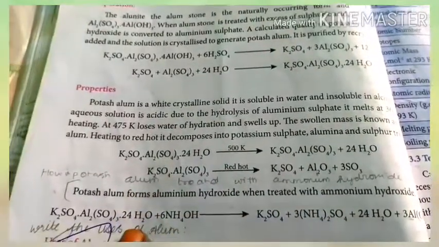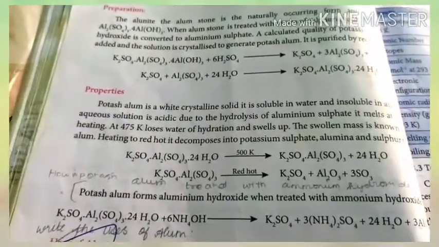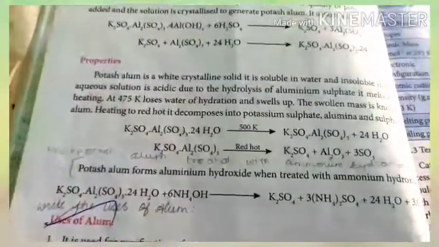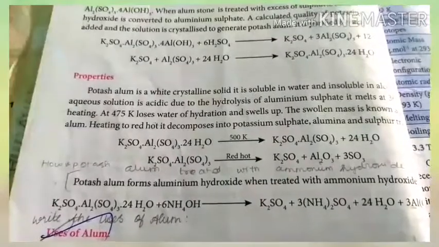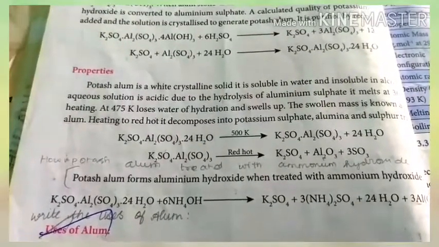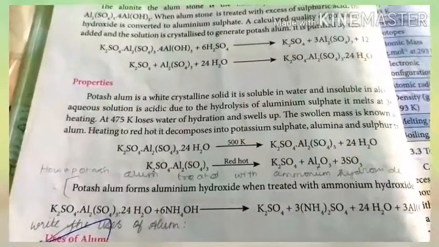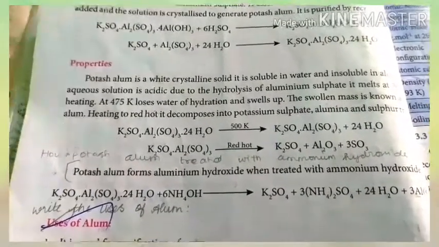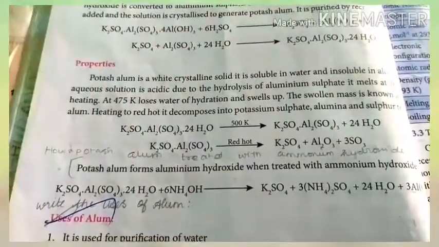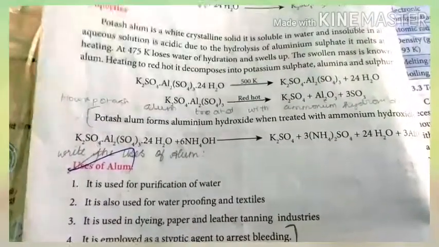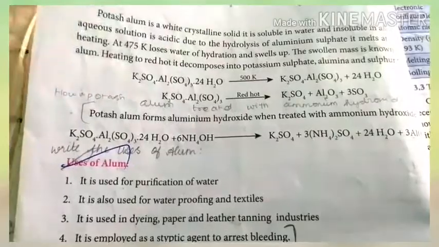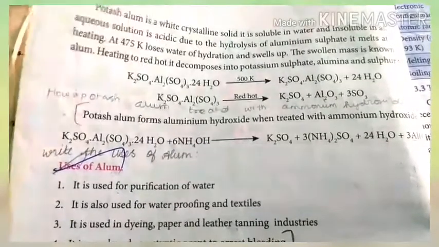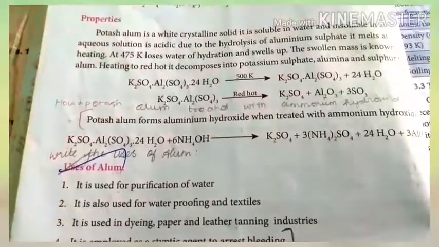Heating to red hot decomposes it to potassium sulfate and aluminum sulfate. So heating at 500 Kelvin gives K2SO4 plus Al2(SO4)3, and further heating to red hot gives potassium sulfate, alumina and 3SO3. Similarly, potassium alum forms aluminum hydroxide when treated with ammonium hydroxide.